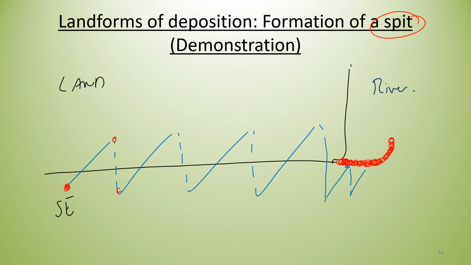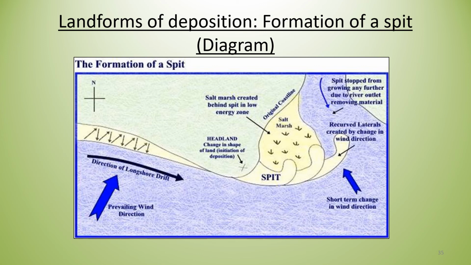It starts to curve due to a secondary prevailing wind, and behind that spit then you will get a salt marsh and mud flats. There is a diagram of a spit there if you wish to pause it and have a look.